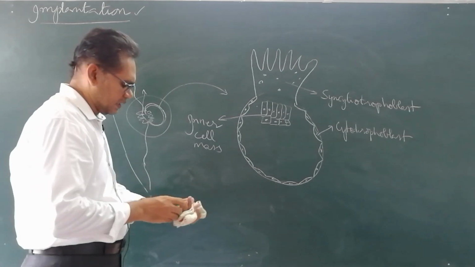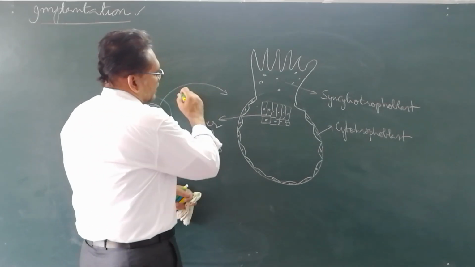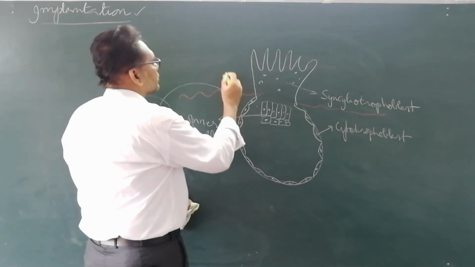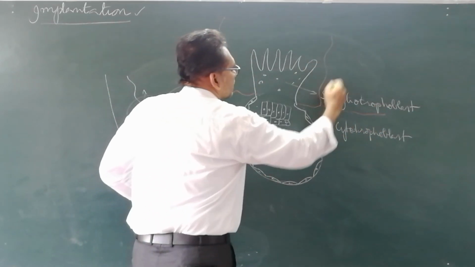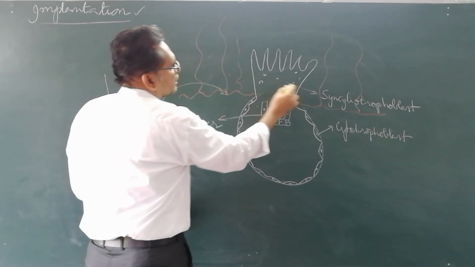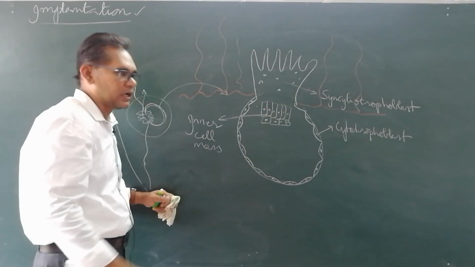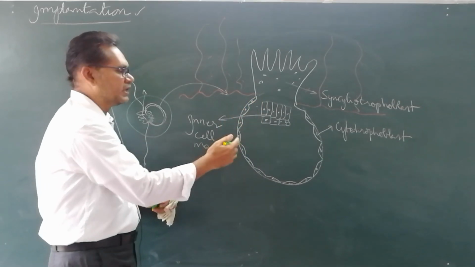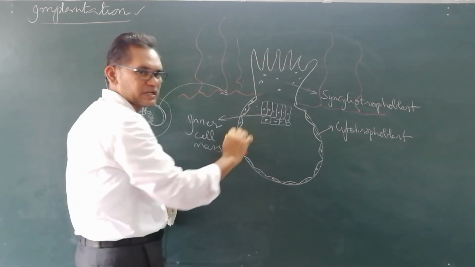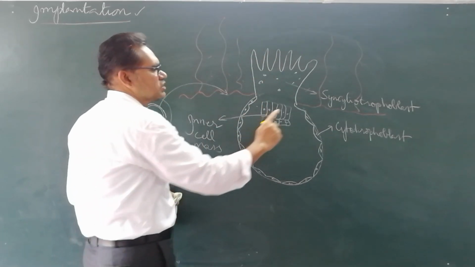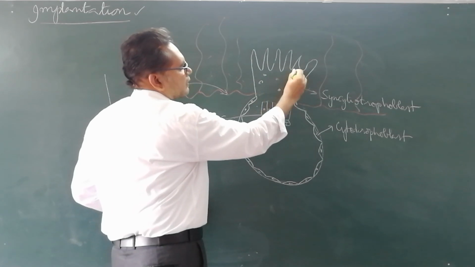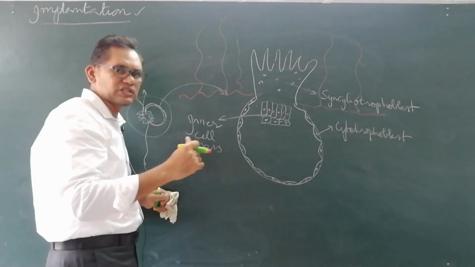Now, this area is the uterine endometrium with blood vessels. Now it has fallen onto the uterine endometrium, and towards the inner cell mass it has produced finger-like structures, which we call syncytiotrophoblast villi with many nuclei. This multinucleate condition is a syncytium.